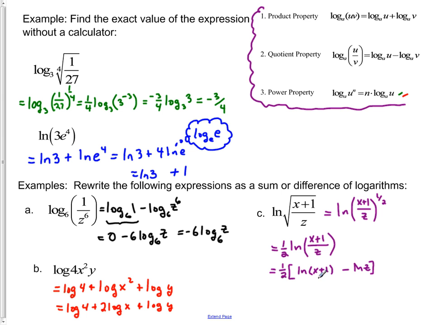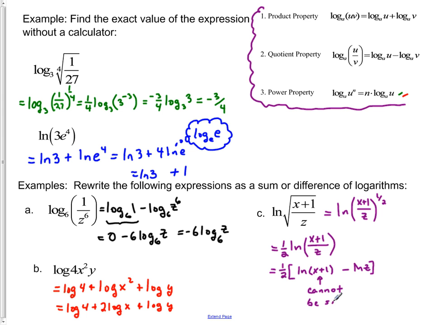And then we stop. We cannot split this up anymore. This cannot be simplified because we have no rule that tells us the logarithm of a sum or difference is equal to, well, anything other than itself. So this cannot be simplified further.